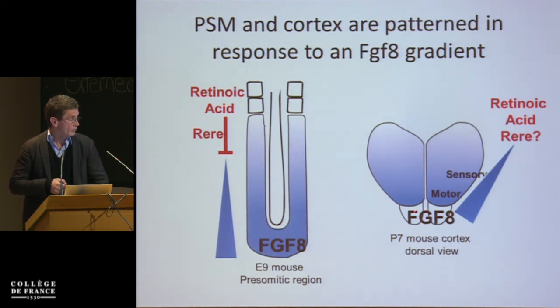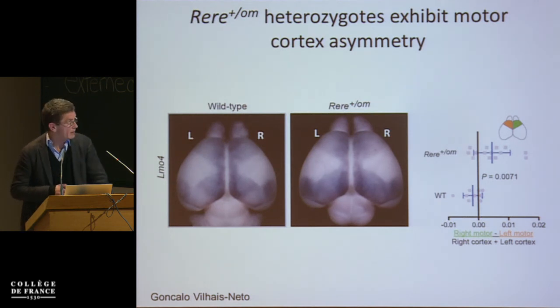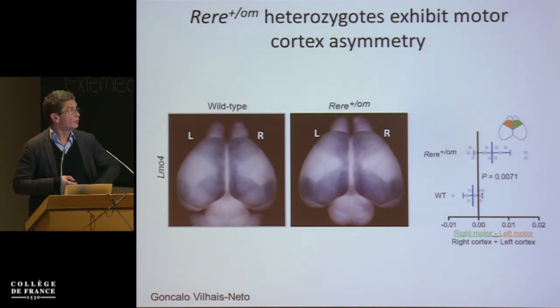The way the different areas of the cortex are specified, and we heard about this from Alessandra, is largely dependent on the anterior signaling center that produces FGF8, and that is important for the specification of the motor and sensory areas. So we were quite struck by this analogy, and what Gonzalo did is to start to look at potential asymmetries in the brain of the mouse Re mutants.